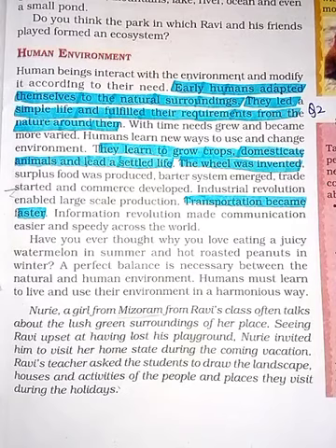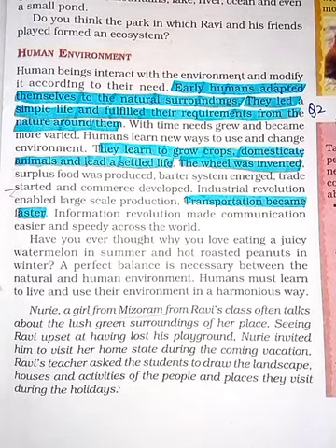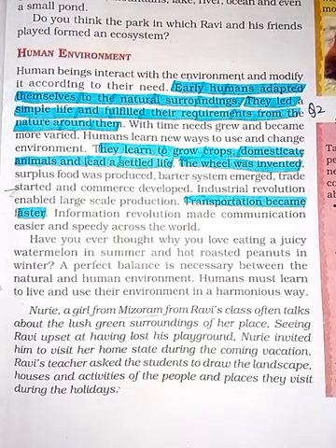Surplus food was produced. Barter system emerged. Trade started and commerce developed. Industrial revolution enabled large-scale production. Transportation became faster. Information revolution made communication easier and speedy across the world.